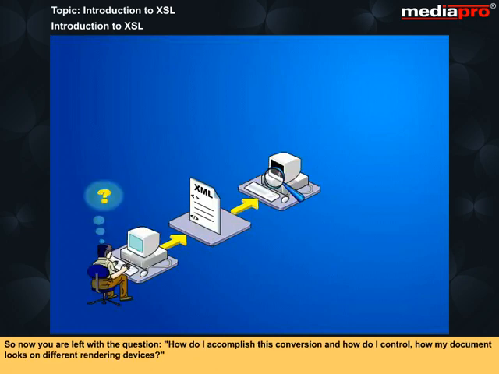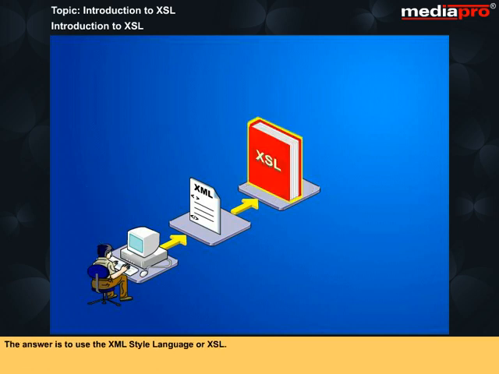So now you are left with the question, how do I accomplish this conversion? And how do I control how my document looks on different rendering devices? The answer is to use the XML Style Language, or XSL.